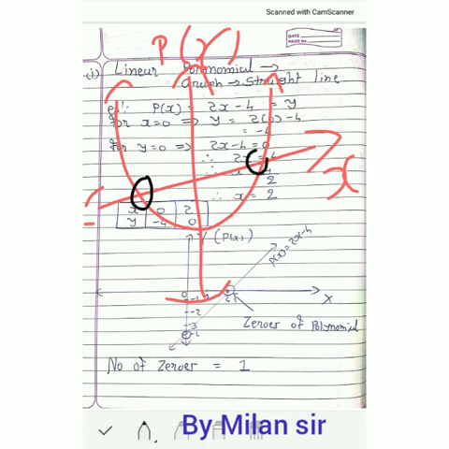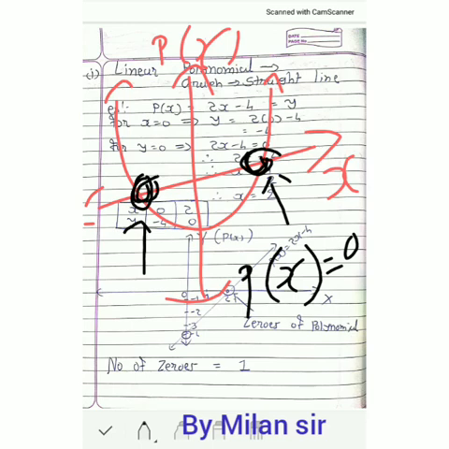On the x axis your p of x is 0. That means at this point and at this point your p of x is equal to 0. So these 2 points become your zeros of the polynomial.